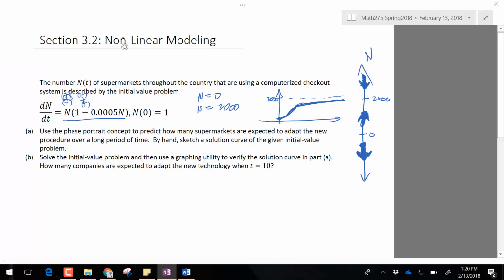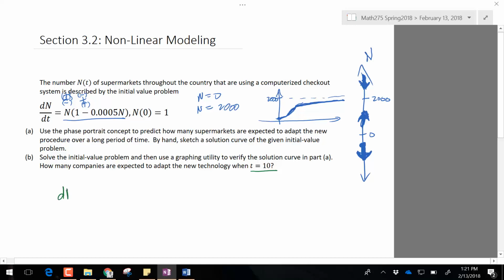So for part B, they asked us to actually solve this differential equation. They want us to figure out how many of these supermarkets are using the technology in 10 years from the beginning. How would we solve this differential equation? It's separable, right? It's autonomous, so we can separate it.